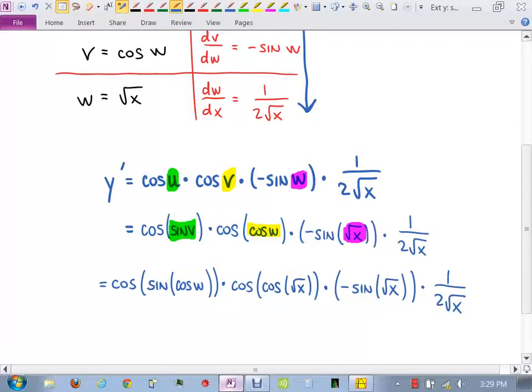Now I got to keep going, right? So in this line, all I did was I replaced v with this. I replaced w with this. How many more times do I have to do this? Just one more. I just got to get rid of this w, right?